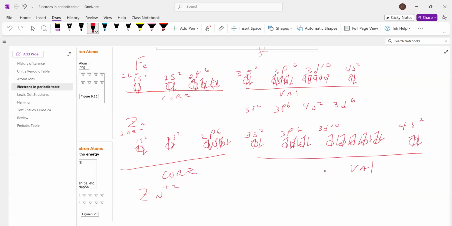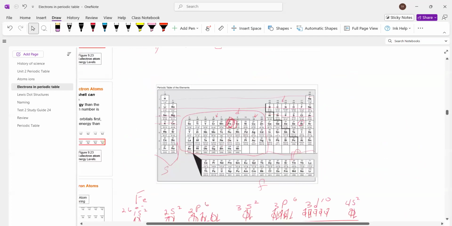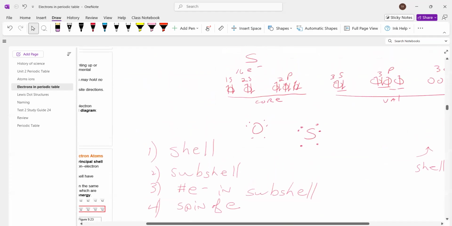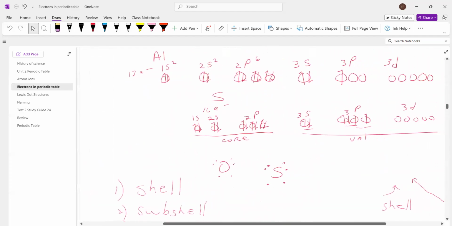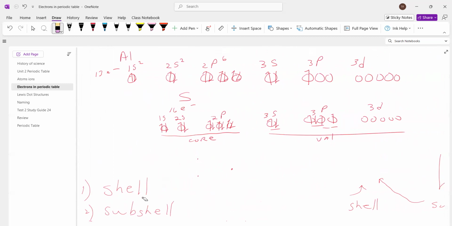Okay, I want to leave you with one thing here. Let's go back to sulfur here. Okay, I make a point of saying core, valence, core, valence.